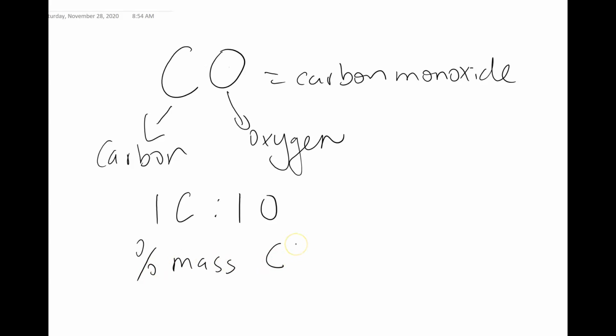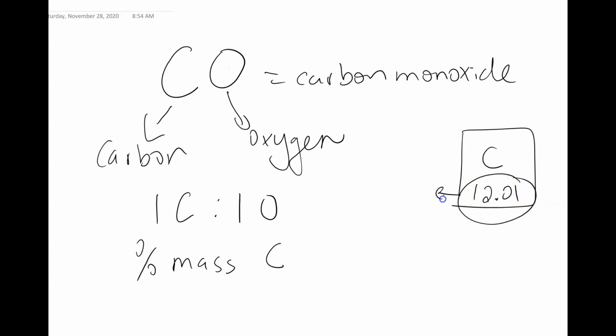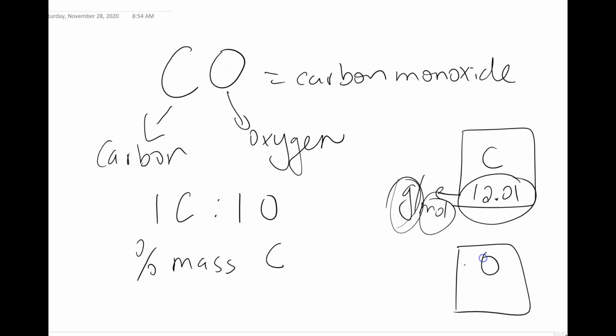So we're going to do the reverse of what we did with the coins. For the mass percent of carbon, you go to the periodic table and find carbon. We already know it's 12.01, and that's the mass, in grams per mole. We're not going to worry about the mole part, just the gram part. When we find oxygen, it says 15.998, something like that, so we can just use 16.